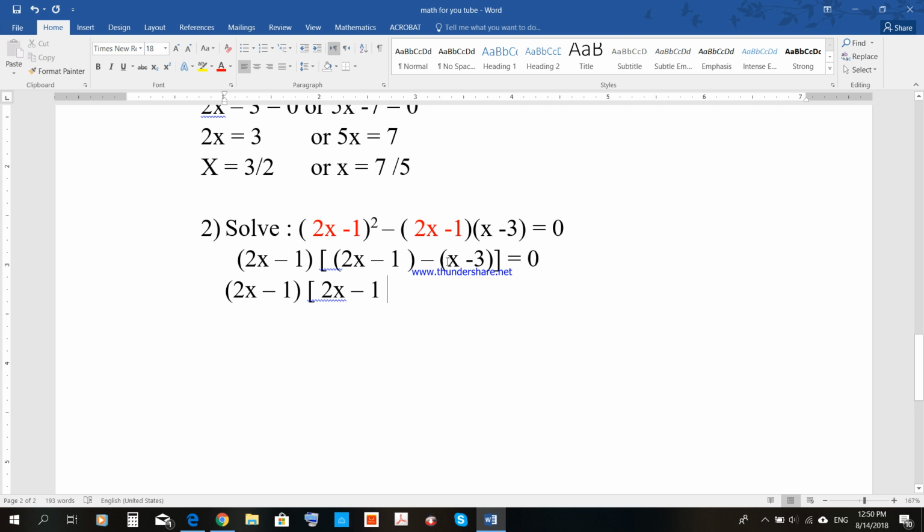Minus times plus x becomes minus x, and minus times minus 3 becomes plus 3, and close the bracket, equal to 0.